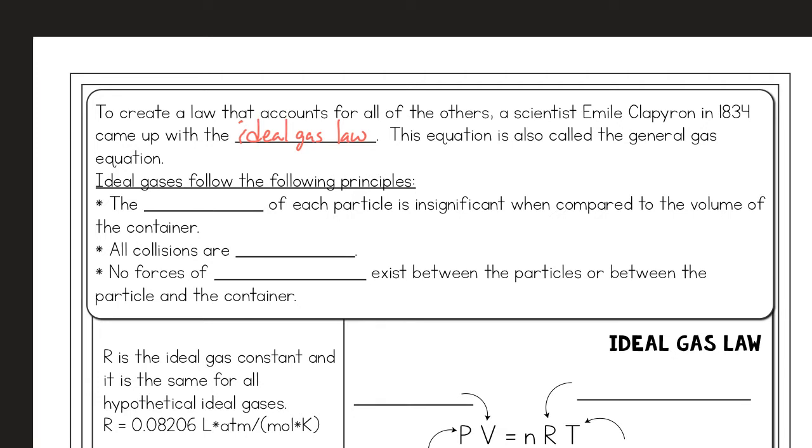Again, to recap the following principles: the volume of each particle is insignificant when compared to the volume of the container. All collisions are elastic. No force of attraction exists between particles or between the particle and the container.